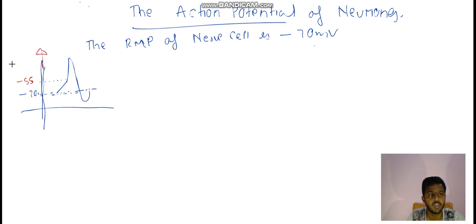In y-axis we are going to see the potential. In x-axis we are going to see the time. So we can see that after a stimulus is generated, the time gap between the stimulus and the response to start is known as latent phase or latent period.